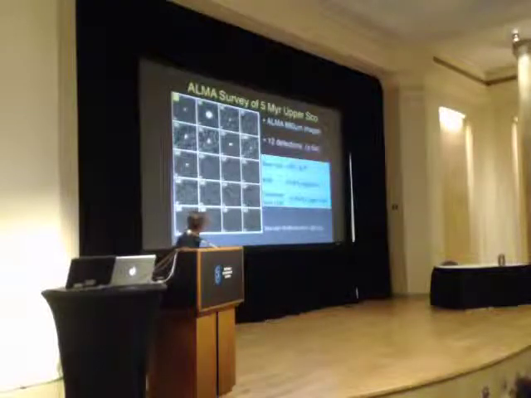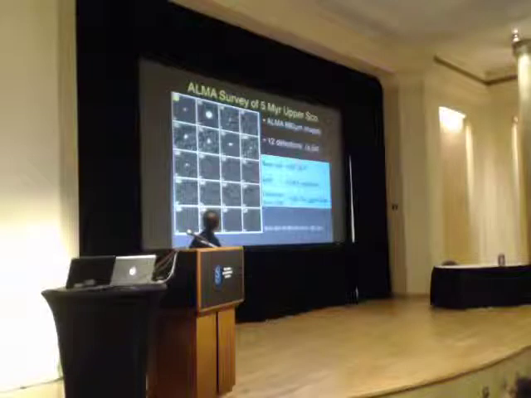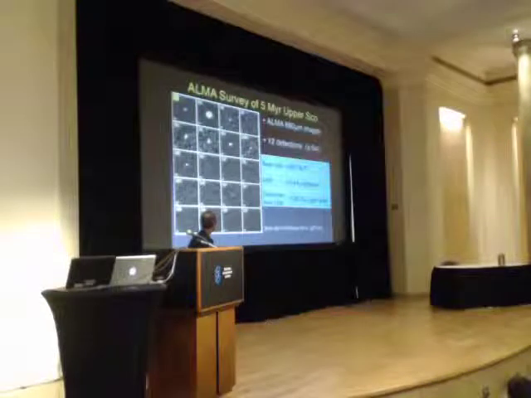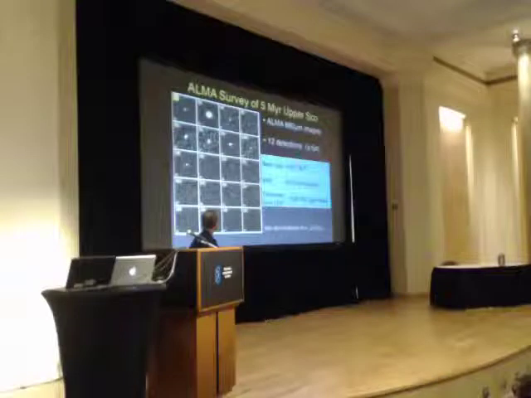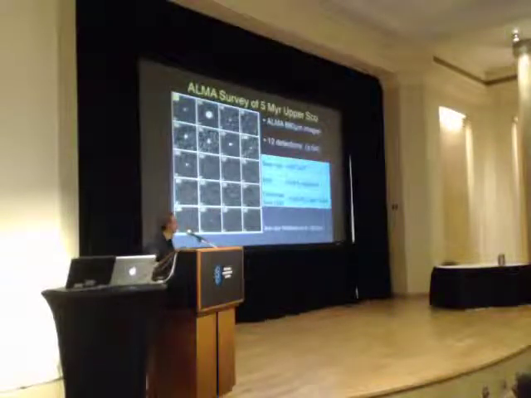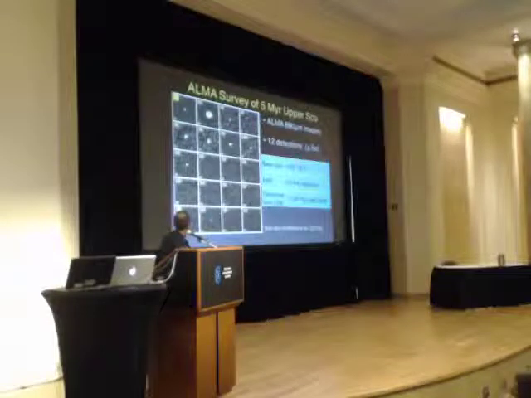We have 12 detections at more than 5 sigma. Most of the sources have an RMS noise of about 0.2 millijanskys per beam. There's one data set for 5 sources which had a little bit higher noise, about 0.6 millijanskys per beam. These are all displayed at the same grayscale level, so you can compare them directly.